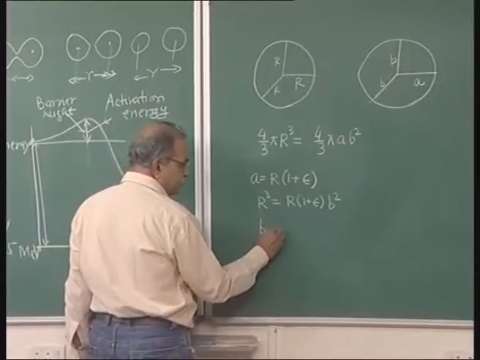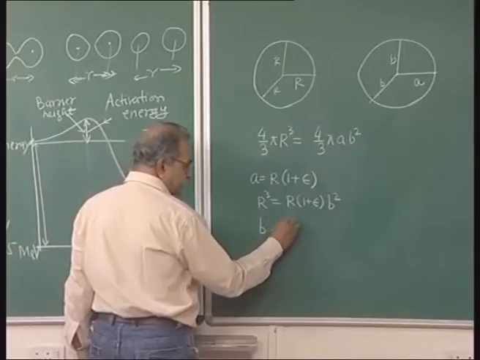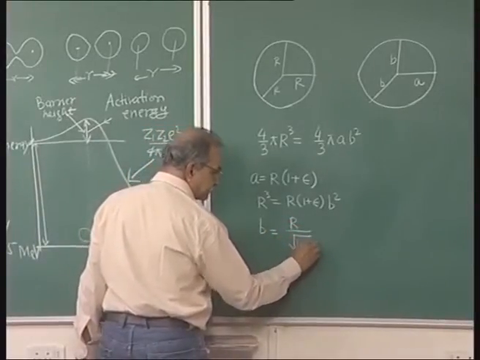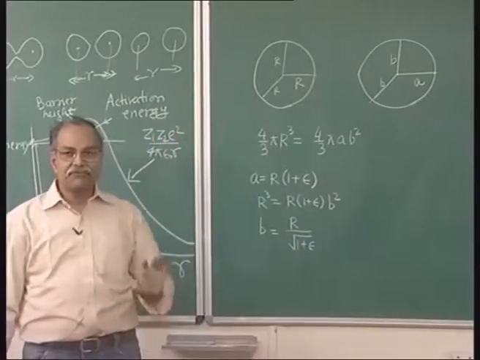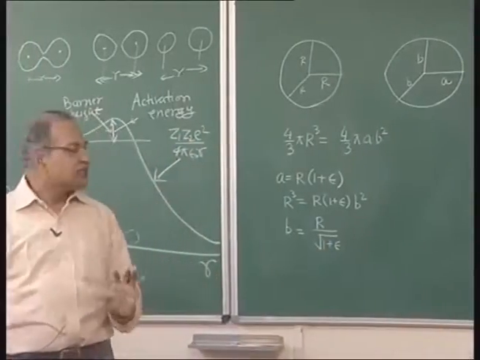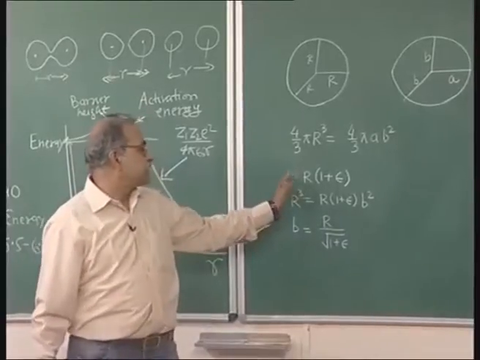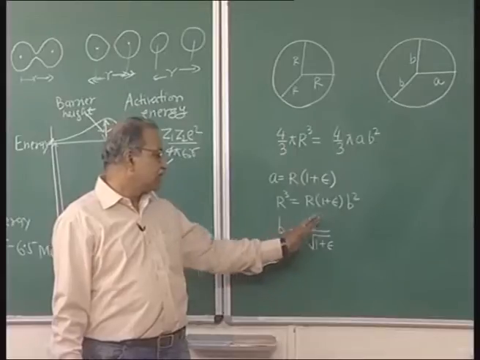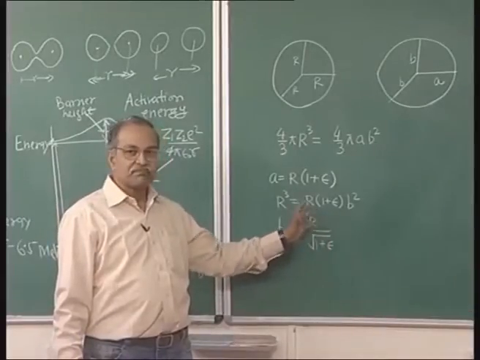So, B will turn out to be r square, and the square root of that, divided by 1 plus epsilon. So, if the volume is to be kept the same, and if this A is increased by a factor of 1 plus epsilon, then B should decrease by 1 by square root of 1 plus epsilon.